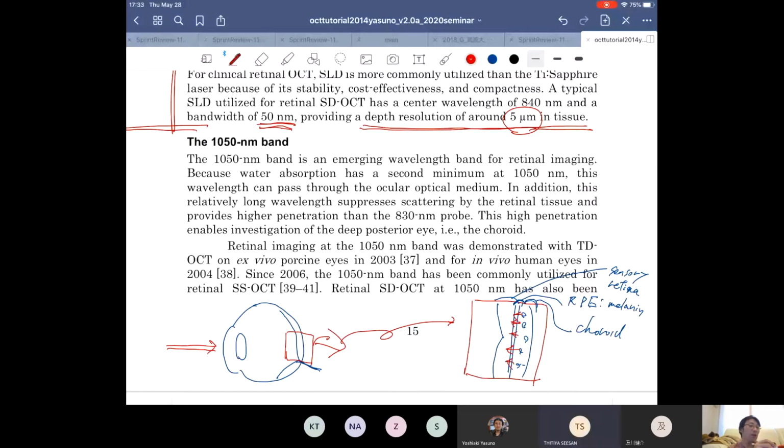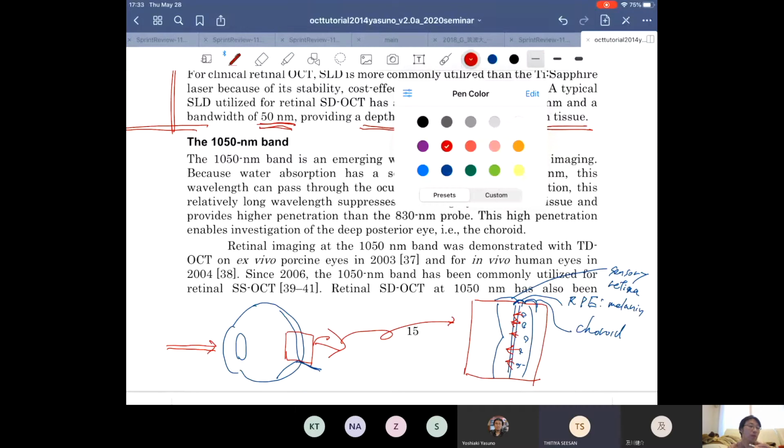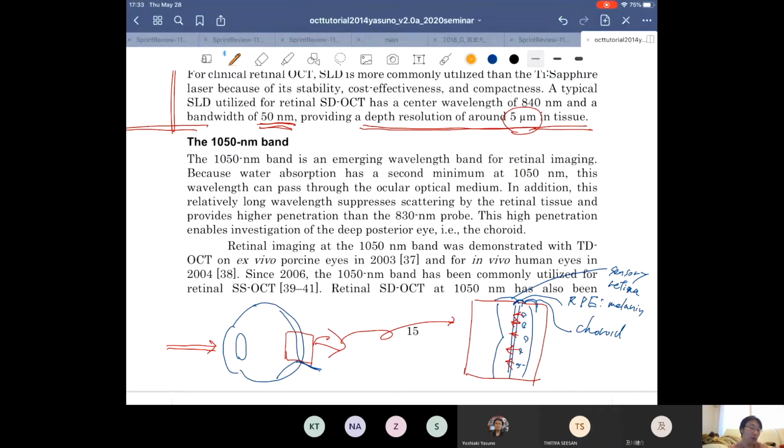So let's start from 830. If you are illuminating the eye with 830, this part is the vitreous, and it's mainly water, so it's not a problem. Because the water absorption at 830 is very small, the light can penetrate the eye and come to the sensory retina, and still penetrate a bit, and then it is scattered out totally just around the retinal pigment epithelium.